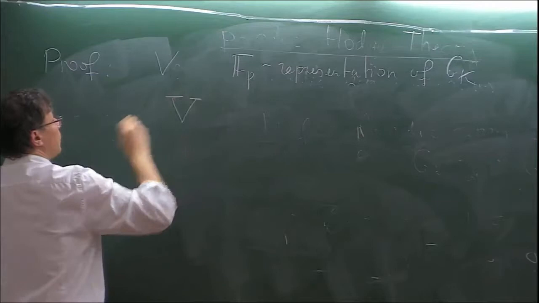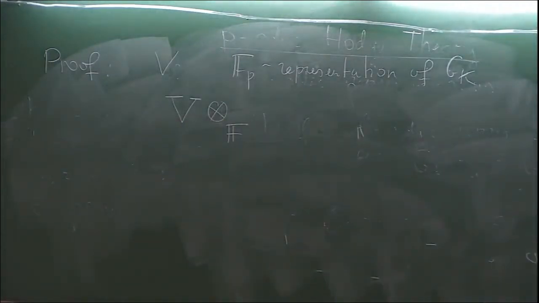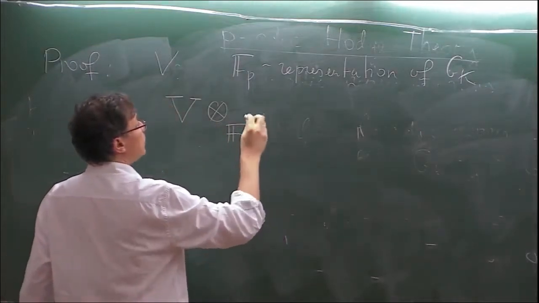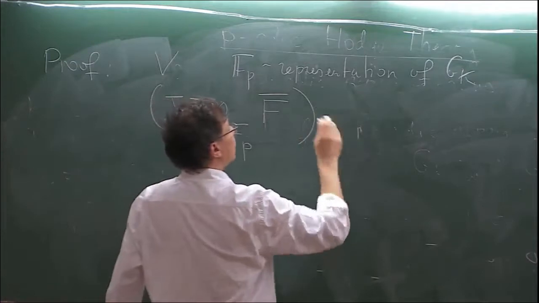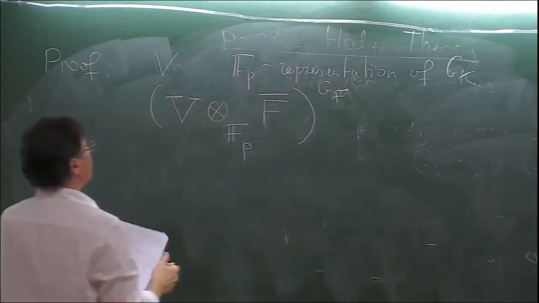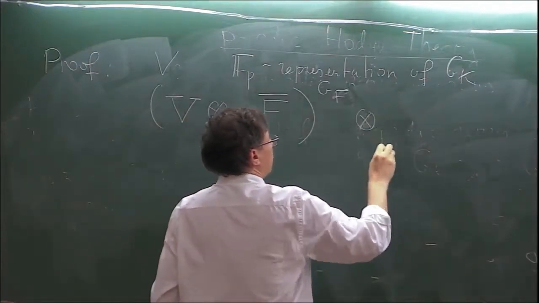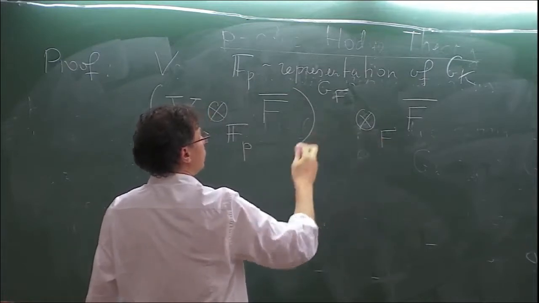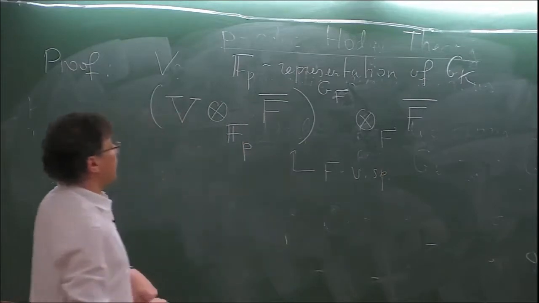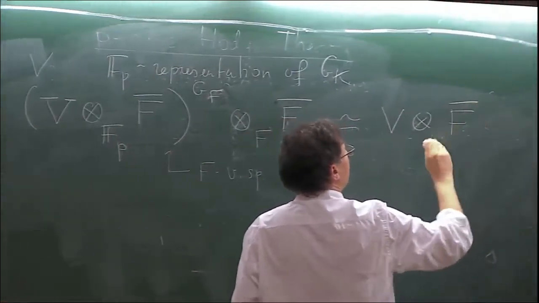Our construction mod p gives the following: when we go from p-adic representations to phi-modules, we take the tensor product of V over F_p with the algebraic closure of F. We take Galois invariants, and in fact we can show that if we take Galois invariants, so this is an F-vector space, and next we extend scalars to F bar, then it is canonically isomorphic to V tensor F bar over F_p.